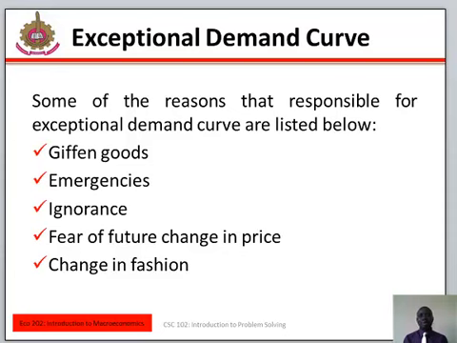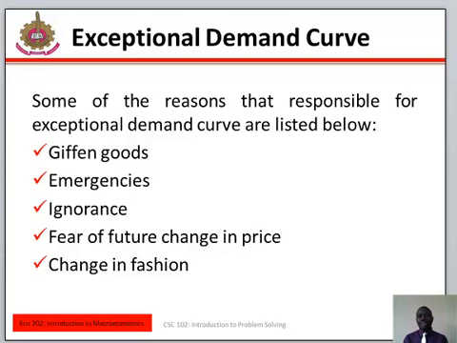The second one is emergency. Emergency situations like war, famine, industrial strike, crisis and so on negate the operation of the law of demand. At this time, households behave in an abnormal way. They accentuate scarcity and induce further price rising by increasing their purchases even at high price during such period.